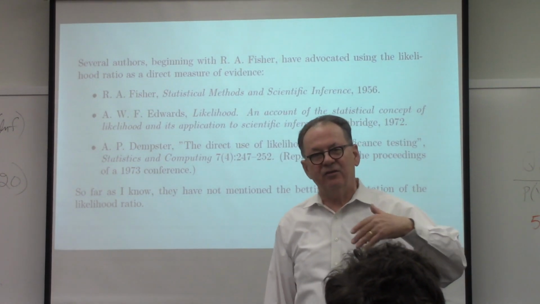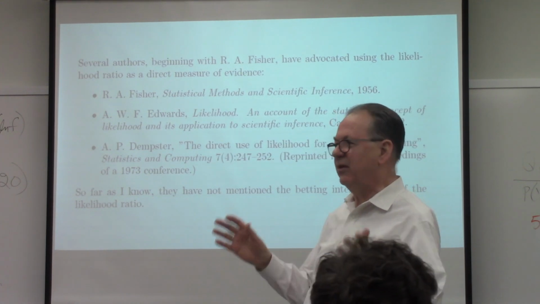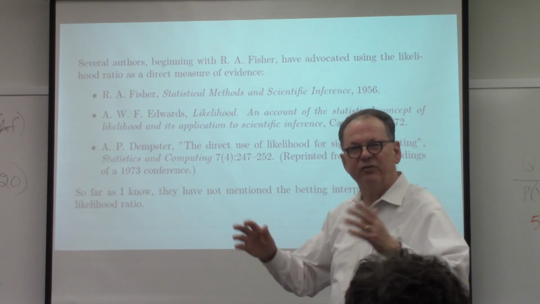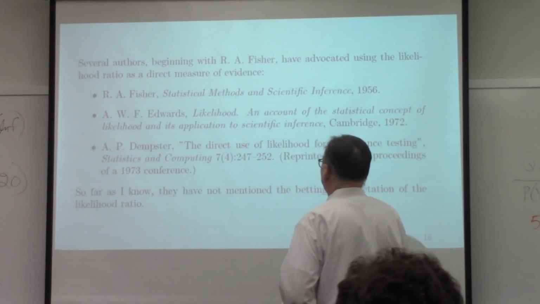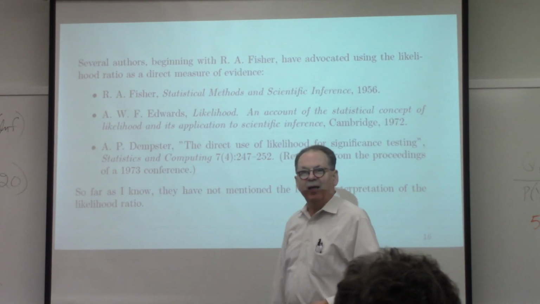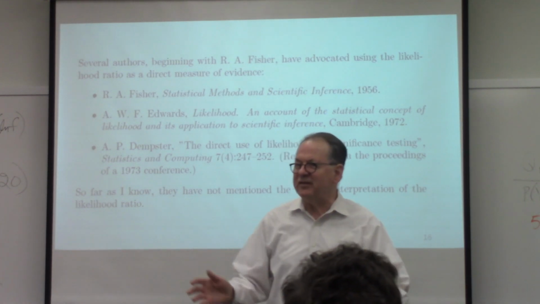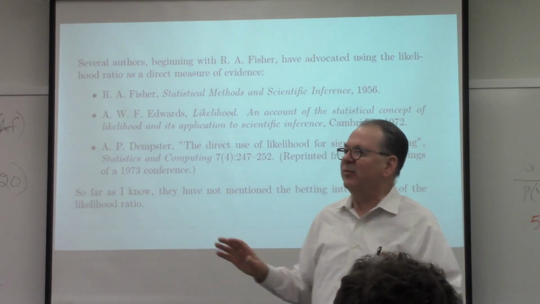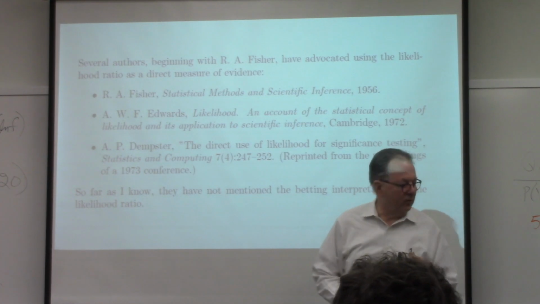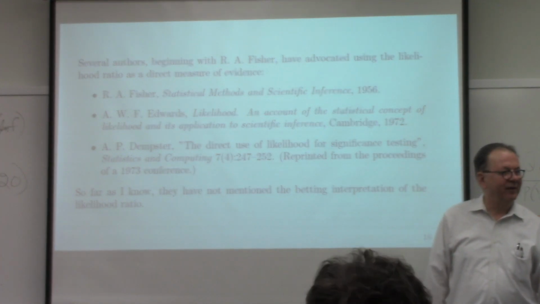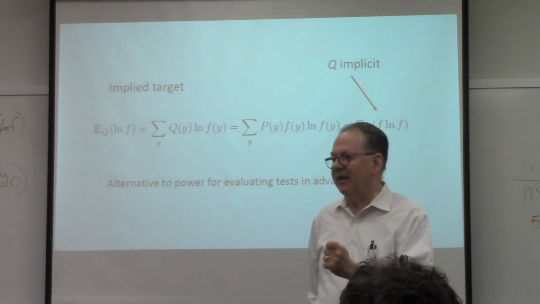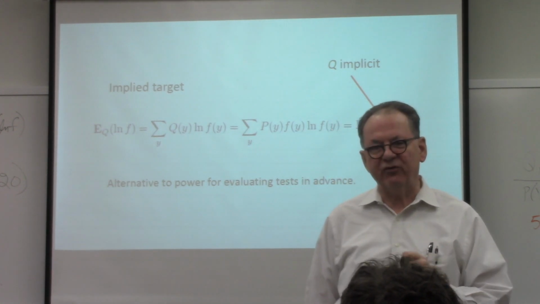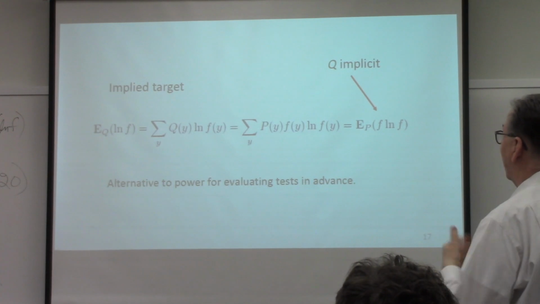That article had discussants, very prominent statisticians. David Cox was one of the discussants, George Barnard, big British names. Then it was republished in a journal in 1997, and more big names discussed it. Nobody mentions a betting interpretation. So it's sort of like this is being missed. Okay, so here's adding an idea to what I've been preaching. This is what I call the implied target.